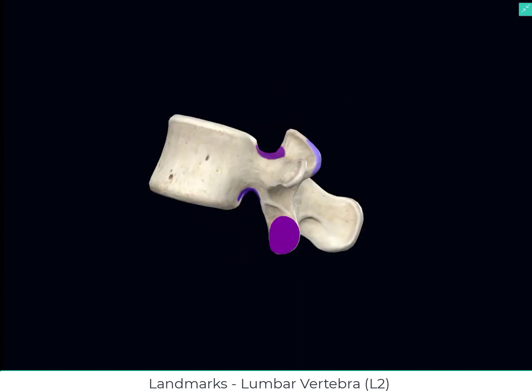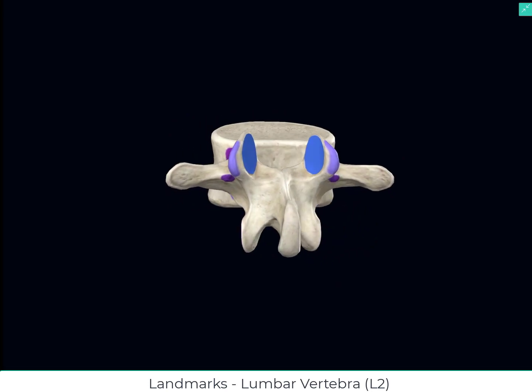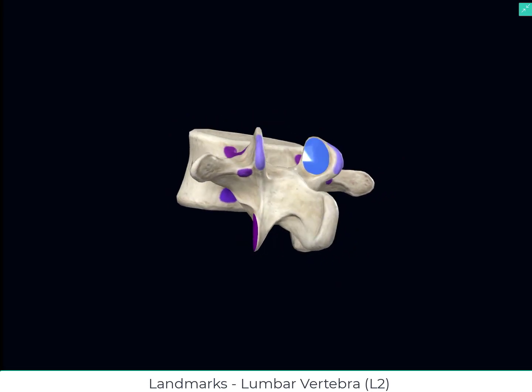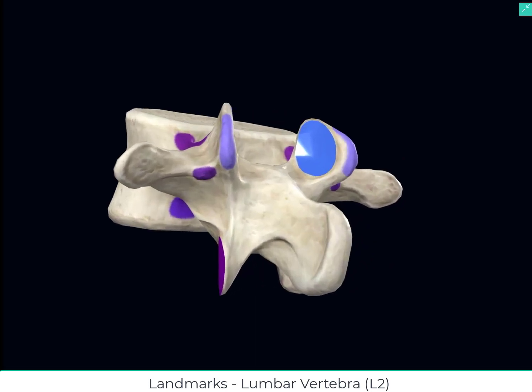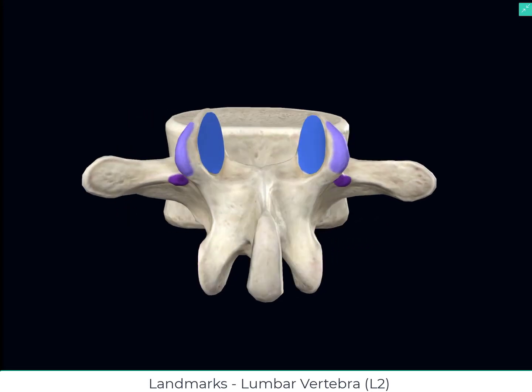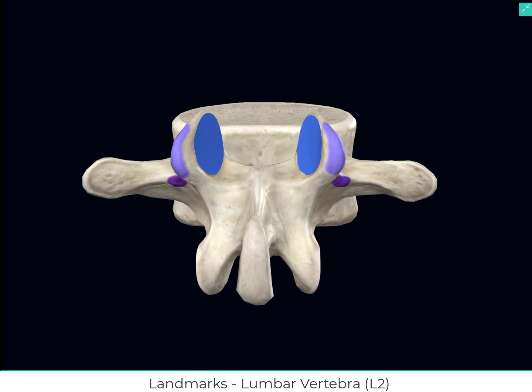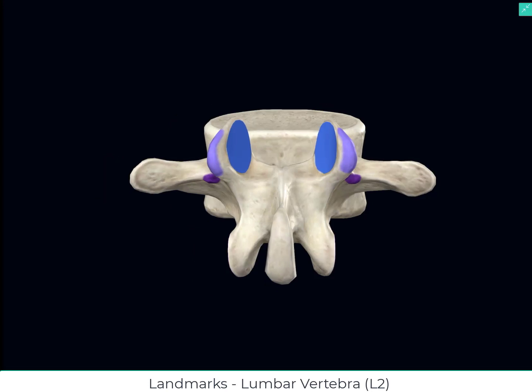I want to talk about 4 more landmarks. As we know, we have these superior articular processes. And on these processes, we have surfaces through which they communicate with an adjacent bone.